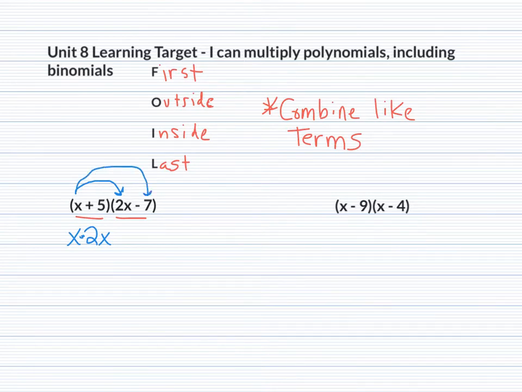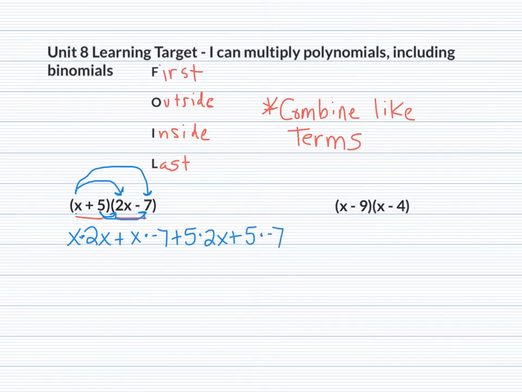So you can see that they're on the outside of the parentheses. So plus x times -7, plus the inside terms. All right, 5 and 2x, plus 5 times 2x, plus the last terms, 5 times -7.